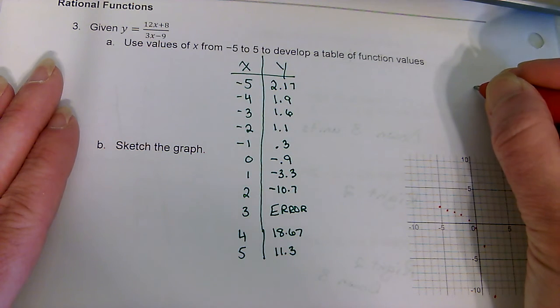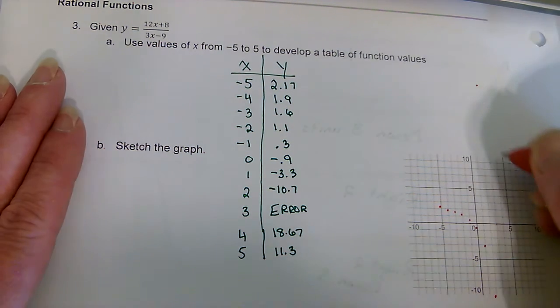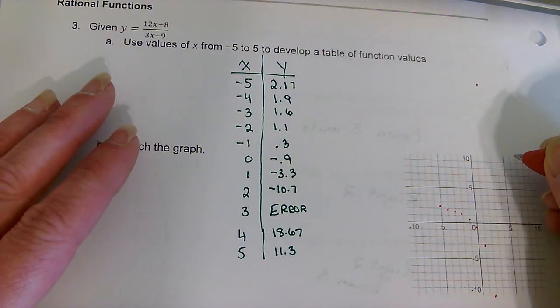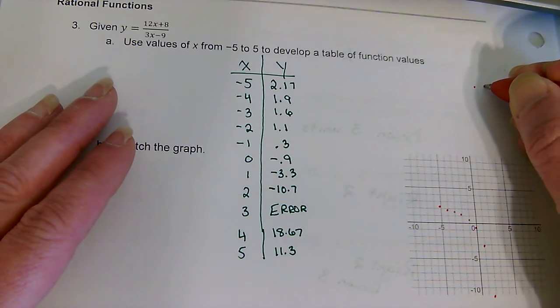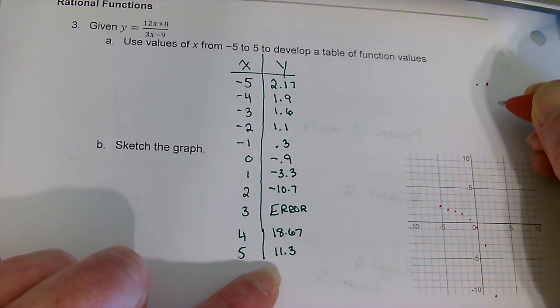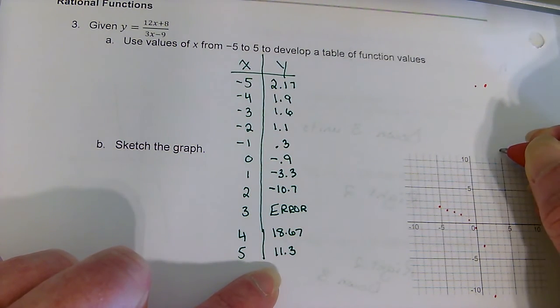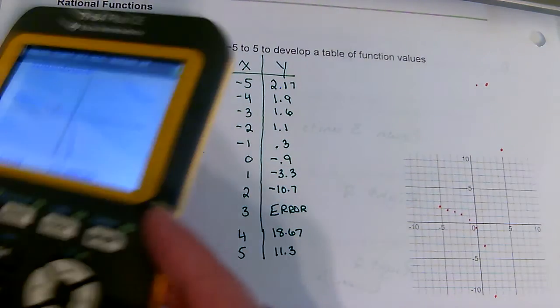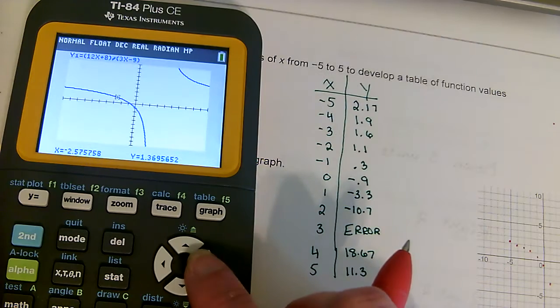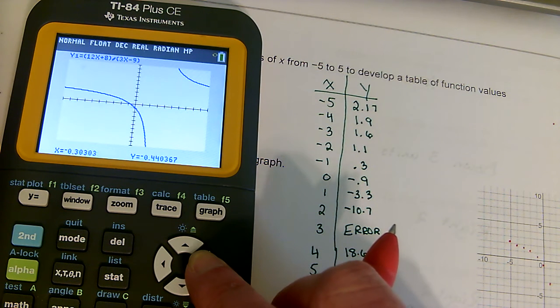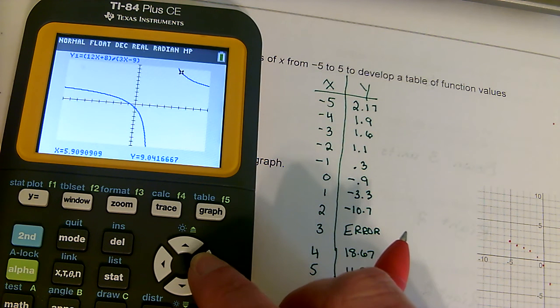Like, way up here. Oops, I was in the wrong spot. Oh, at 4, it's at 18. And then at 5, it's at 11. And I wonder what happens as I keep going. So I'm going to go on the other side of my graph with my trace. So we stopped at 5.